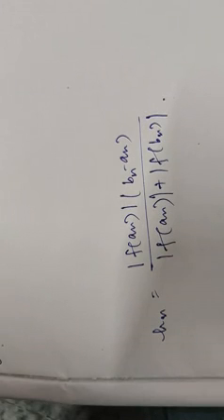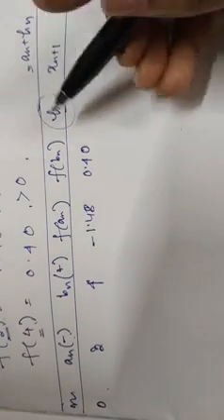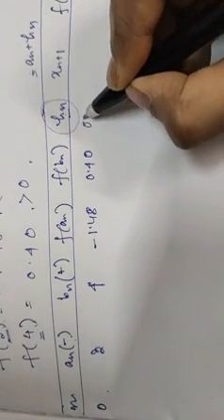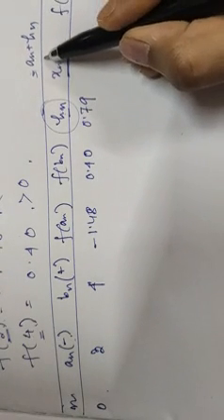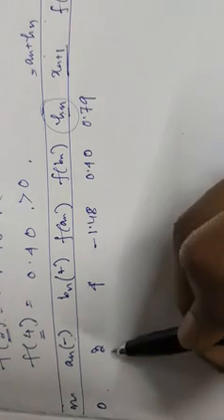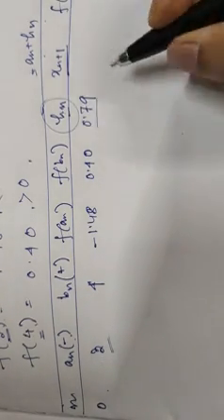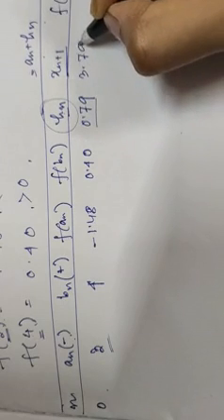Putting the values one by one, we have already calculated f(an) and f(bn). Just put the values and you will get hn, which is 0.79. Then xn plus 1 equals an plus hn, that means this one plus this one, so this will be 3.79.